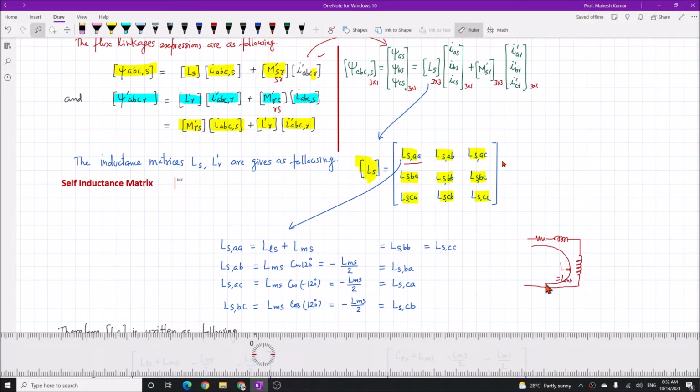If you go from this to this, this is LS, this is LMS, mutual stator. And this makes therefore LSAA. Clear? This is also equal to LSBB, which is equal to LSCC, because they are self-inductances of the winding current to its own winding.